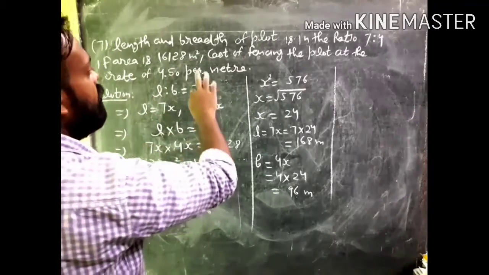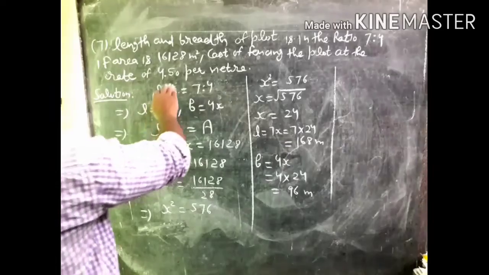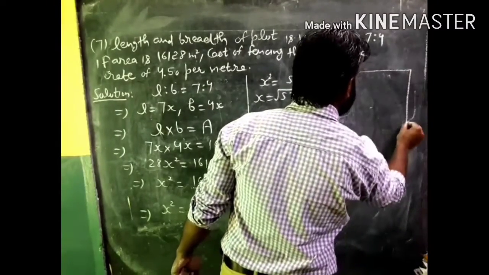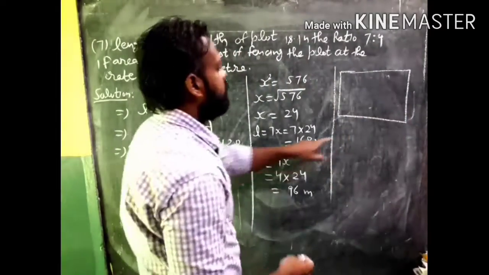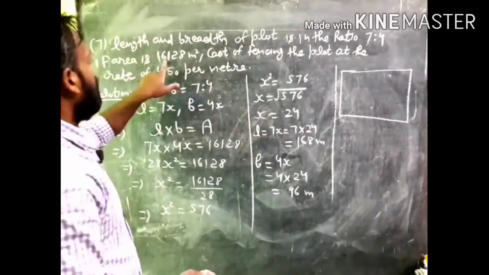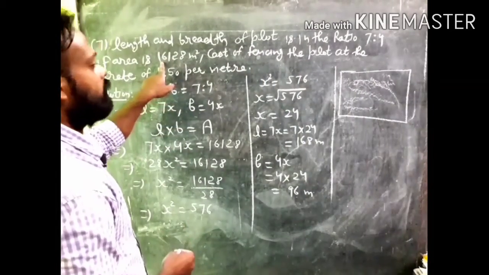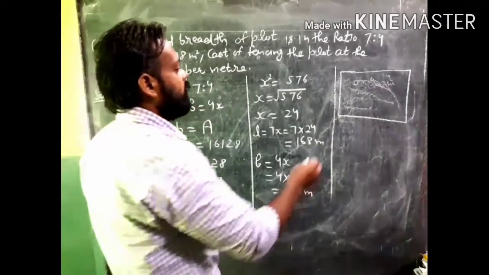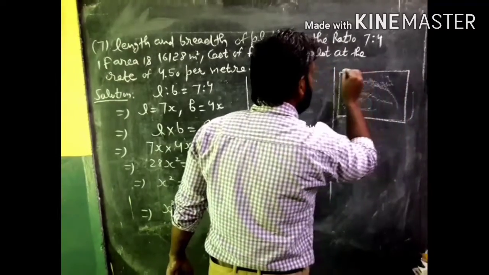16,128 meter square. And now we have to find out the cost of fencing the plot at the rate of 4.5 per meter. So first of all, suppose this is a rectangular plot, and its length and breadth is given to us in a ratio 7:4, and its area is given to us, means this is the total area, that is 16,128, and we have to find out the cost of fencing, means we want to fence this rectangular plot.